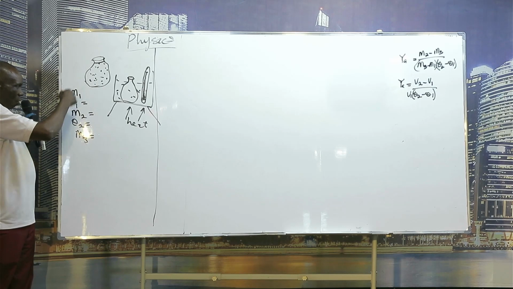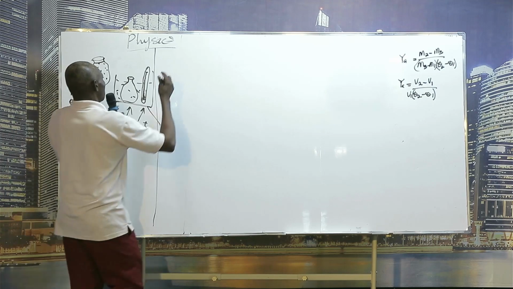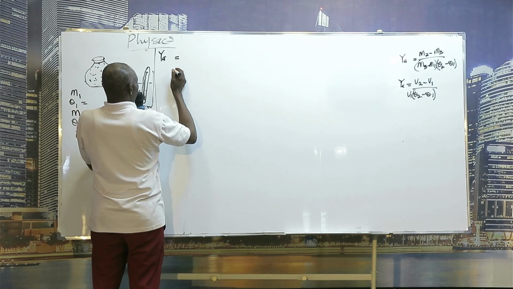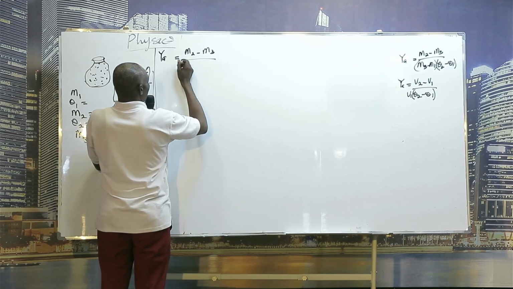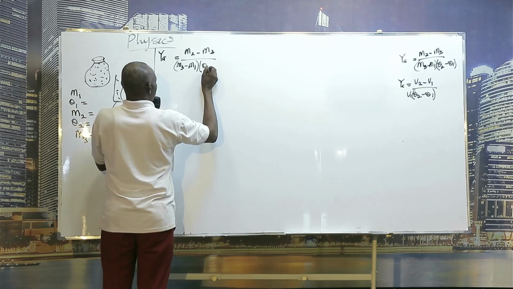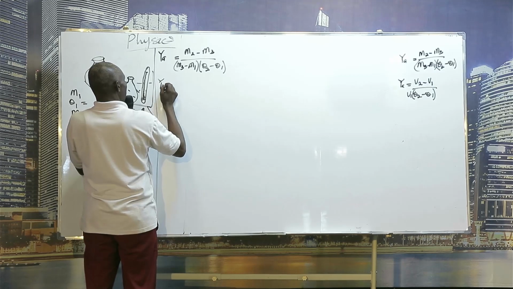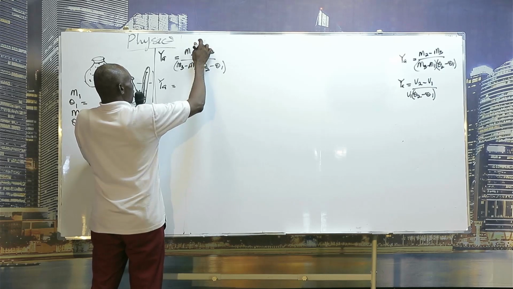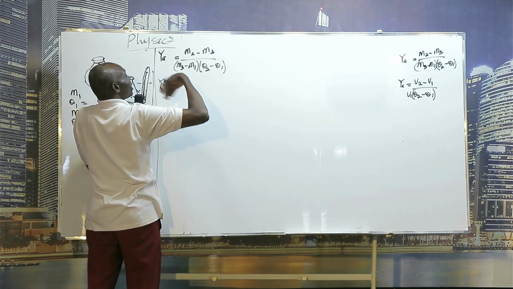If I now want to form the information here, I have what is called apparent cubic expansivity, which is M2 minus M3 over M3 minus M1 into theta 2 minus theta 1. The upper part is the mass of the liquid expelled, the mass of the liquid removed from the bottle during heating.